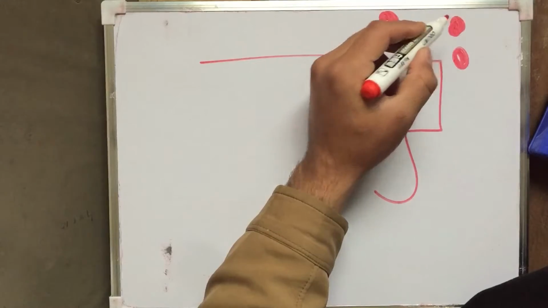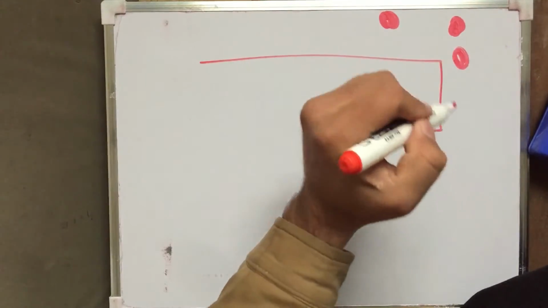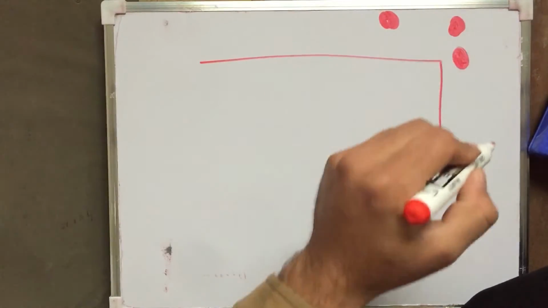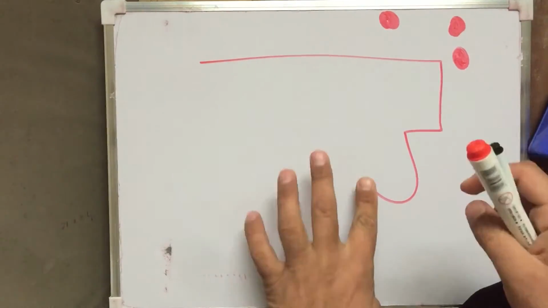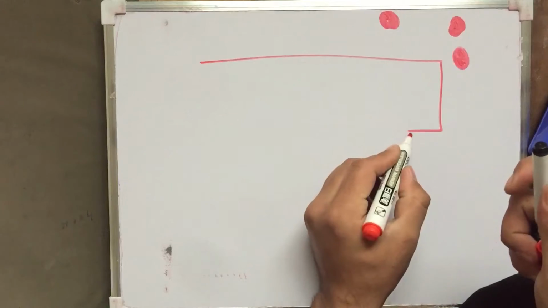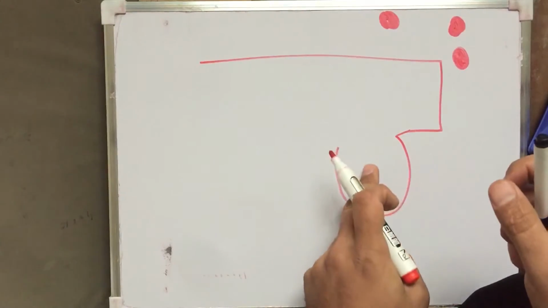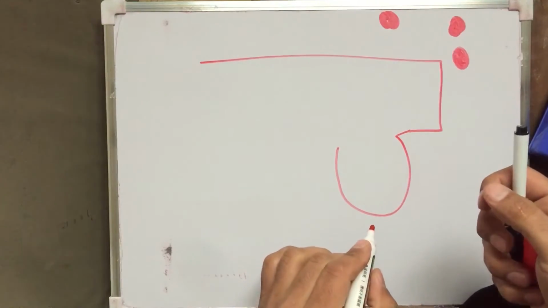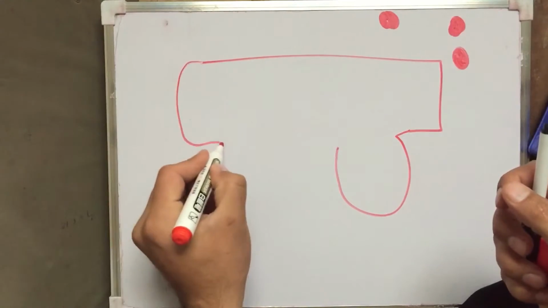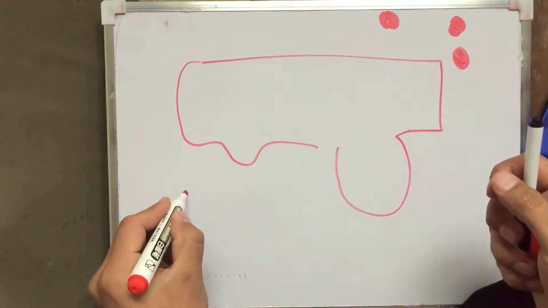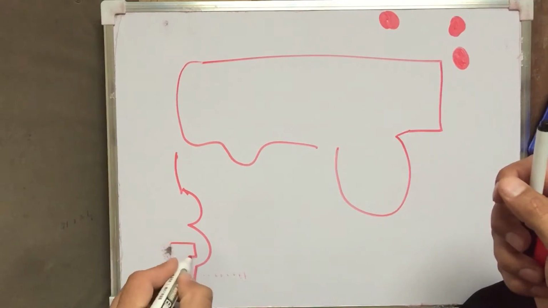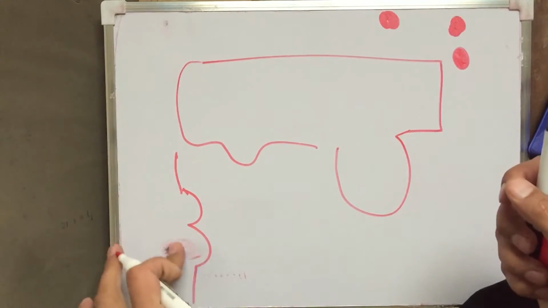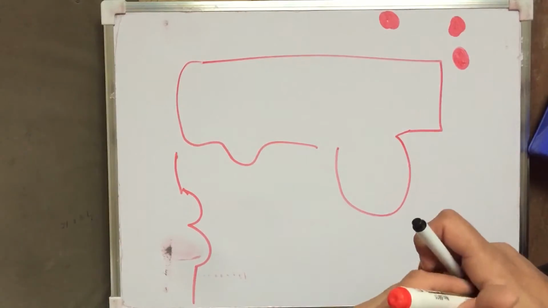This is the subfornical organ, and this is the organum vasculosum. I cannot write these names because I have little space here. This is the posterior pituitary. I am removing the anterior pituitary. Now here we know that this is the midbrain, pons and medulla. This region is the medulla.